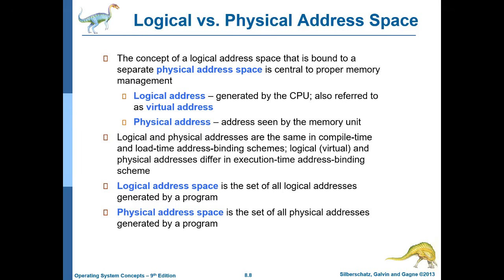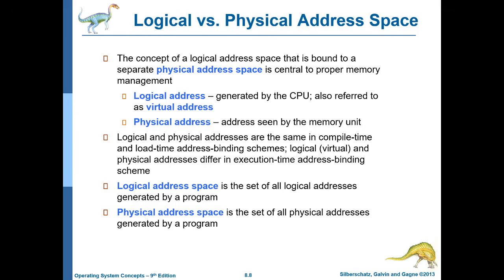So logical and physical addresses are the same in compile time or load time address binding schemes. But in the execution time address binding scheme, they are different. The logical address is different and the physical address is different.